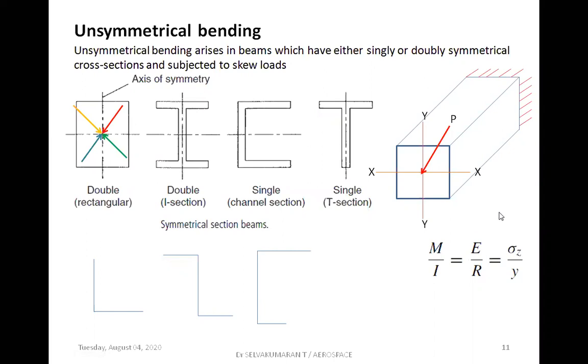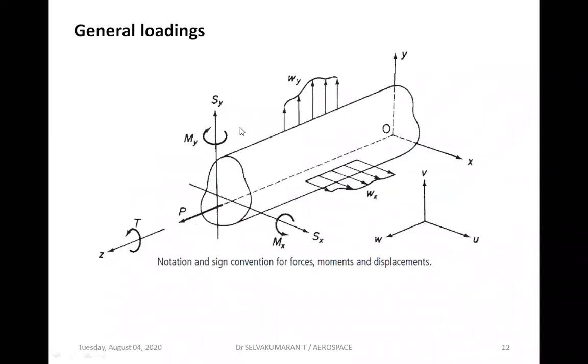Now here you could see the general loads. I have taken an arbitrary cross section. So this shows a bar where all the forces are acting simultaneously. Here the XYZ axes are plotted, and this is the length of the bar, for example. The corresponding u, v, w are the deflections or displacements in the respective directions x, y, and z.